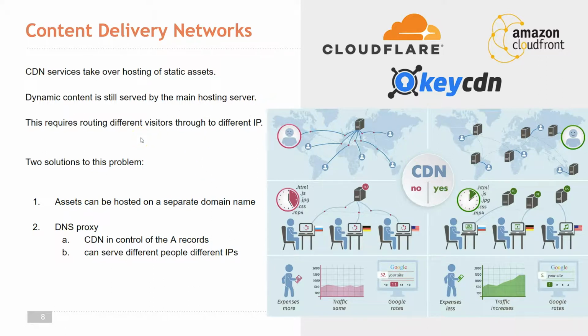And the obvious problem here is that in order for the CDN to be able to serve images, JS, CSS from your local server and still allow the actual content, text content, and the code to be served from the main hosting server in Ireland, for example, then you have a problem there because you only have a single domain name, and your browser needs to know to go to one server for the static assets and another server for everything else.